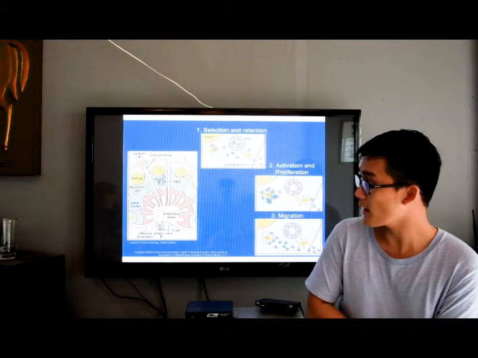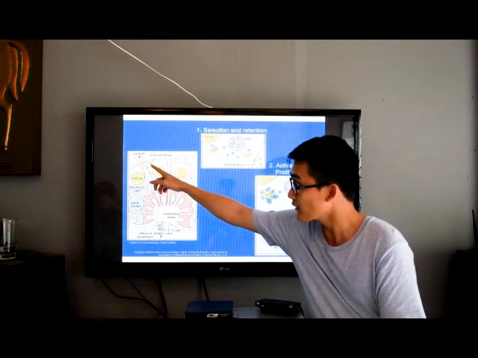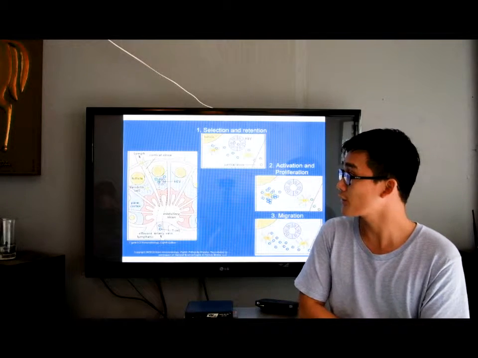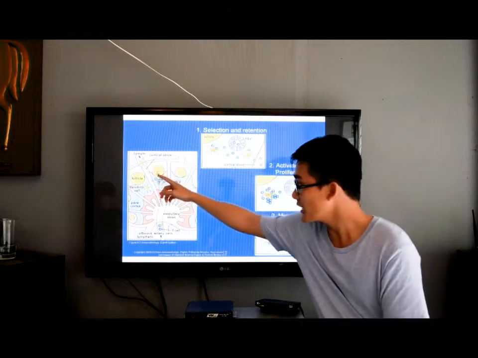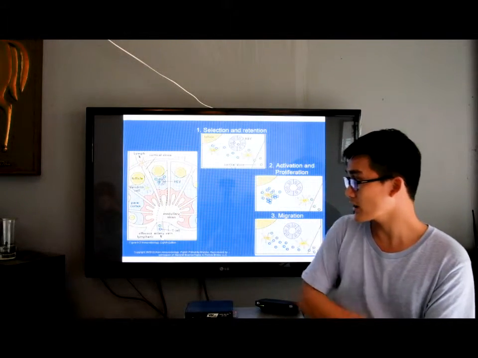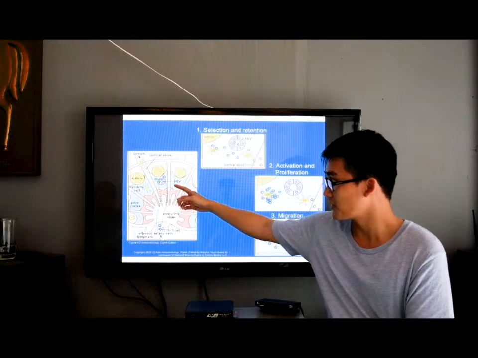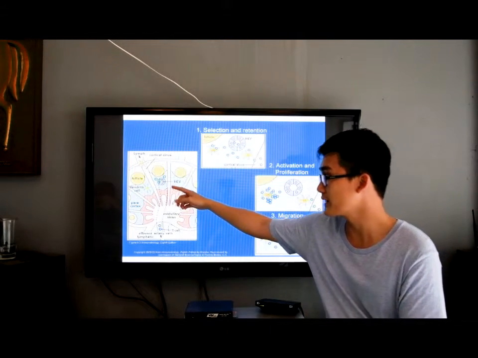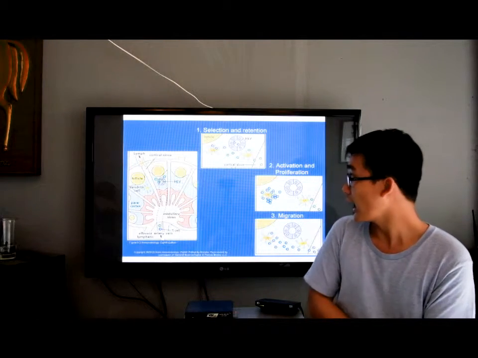Here's the close-up of the process. The dendritic cell comes to the lymph node through the lymphatic vessel over here, and it comes into the paracortical layer, where the T cells and B cells come in from the high endothelial venules.